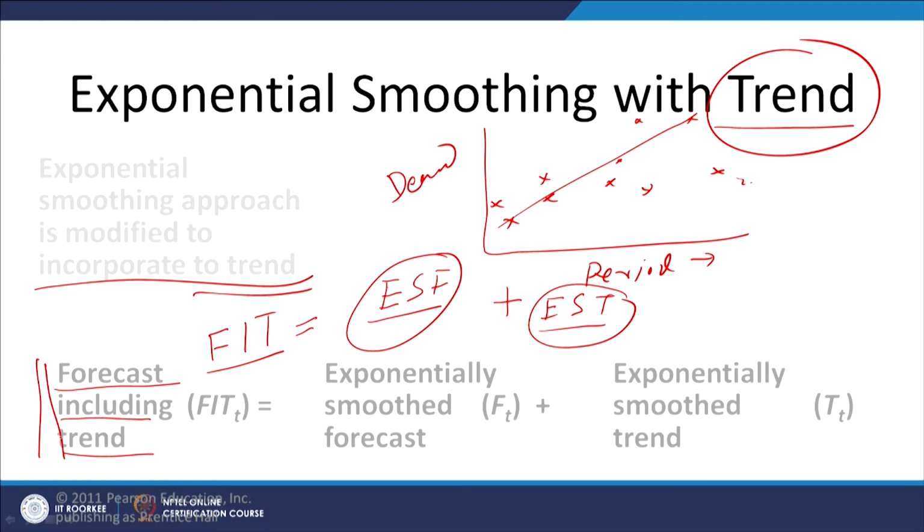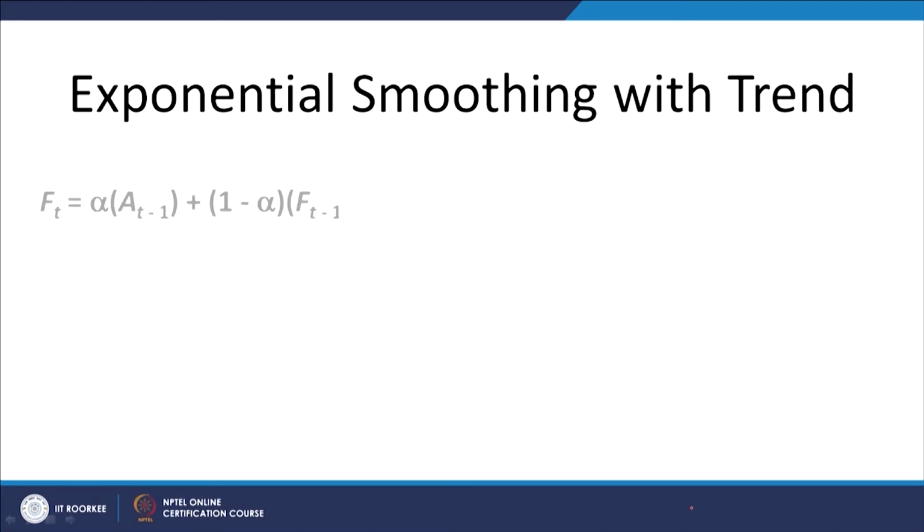So, how to determine the exponentially smoothed forecast and how to determine the exponentially smoothed trend? Basically, this uses two equations.